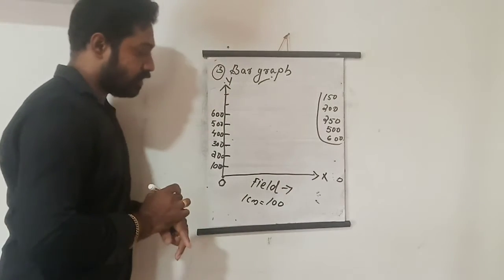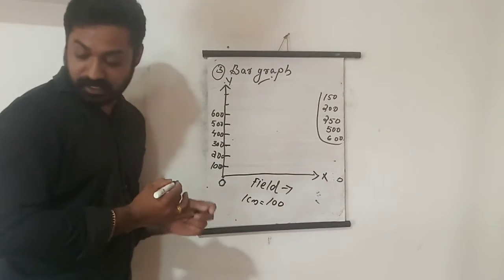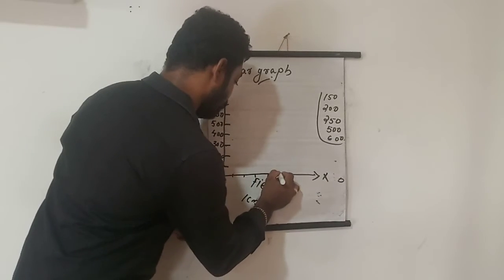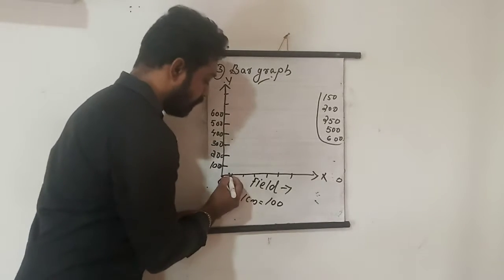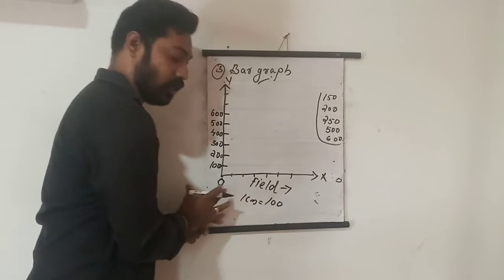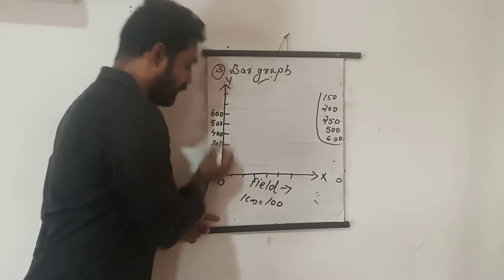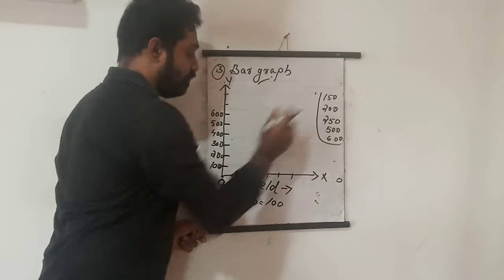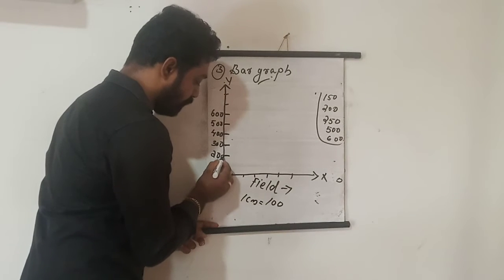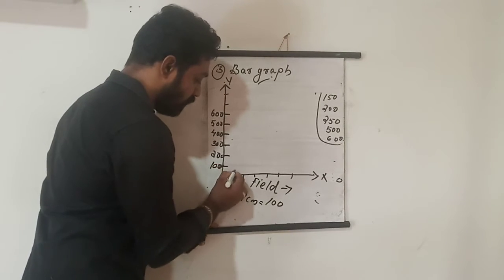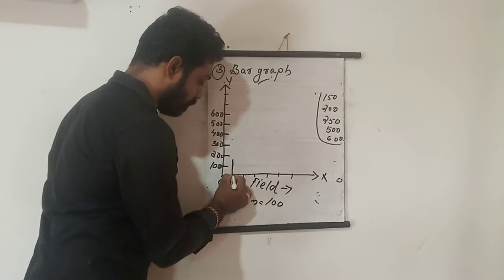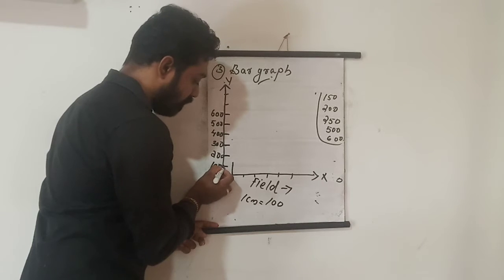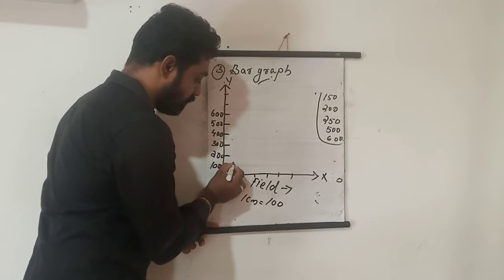So for the first field, in field A, what is the value? 150. 150 is between 100 and 200, in the middle of it, isn't it? The middle between 100 and 200 is 150, so it will come this way.